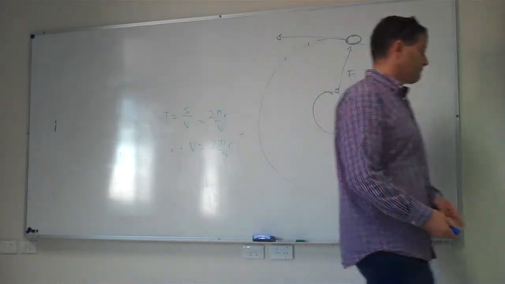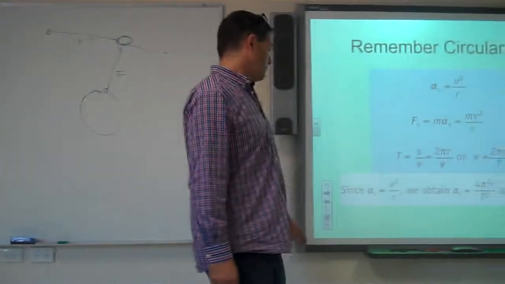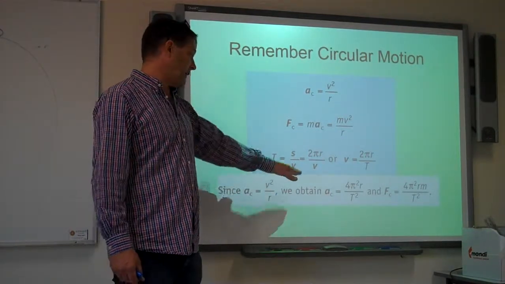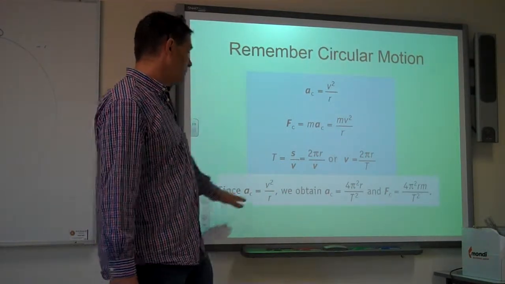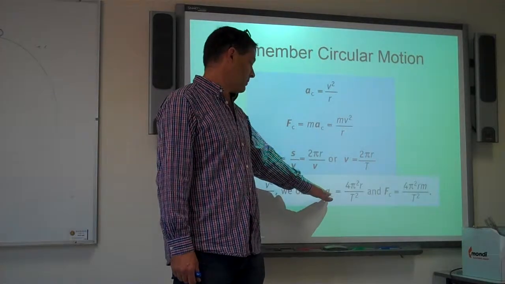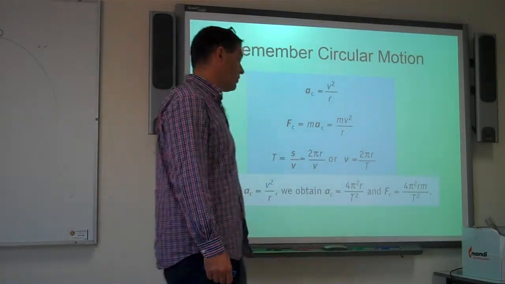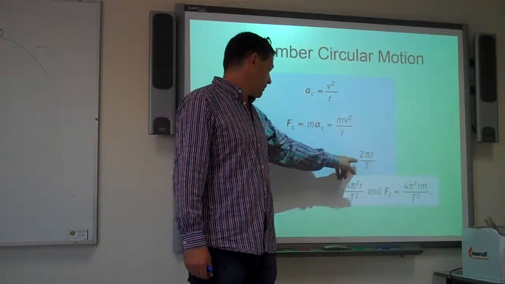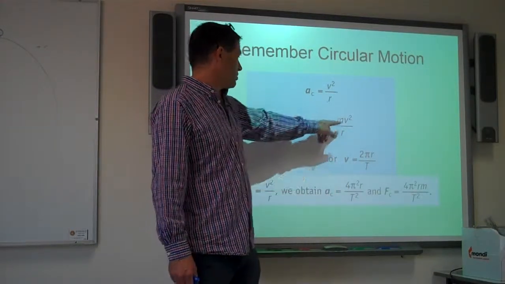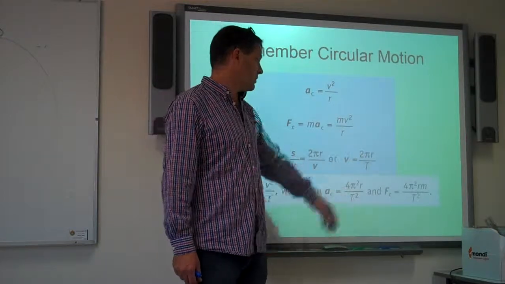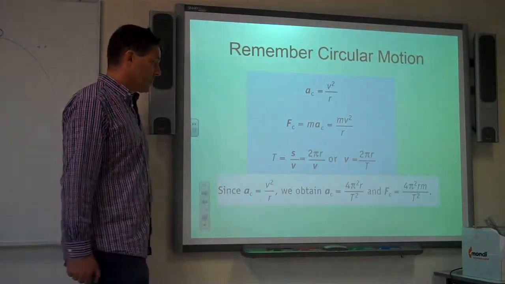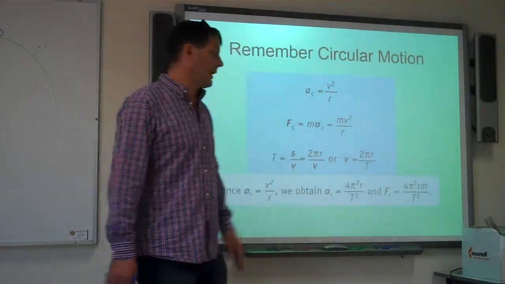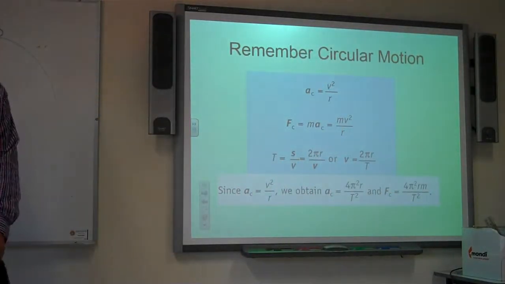So, since centripetal acceleration equals v squared on r, we obtain a centripetal acceleration equal to 4 pi squared r on T squared, because we've just substituted the value for v straight back in. And the centripetal force is equal to 4 pi squared r m on T squared.